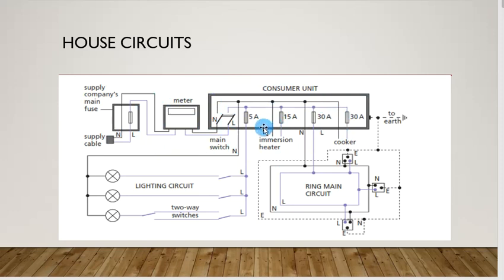The bulbs will not light here, the sockets will be off, our cooker will not work when we have this circuit breaker in its off state. So it is the main circuit, the supply company's main breaker. We may not say fuse in this case, because fuses have been replaced with circuit breakers, and circuit breakers are more effective than fuses.